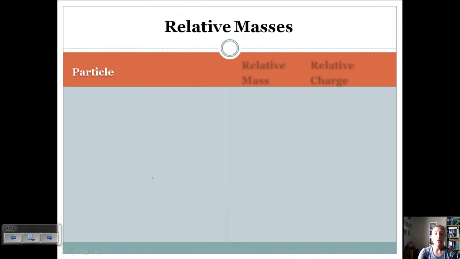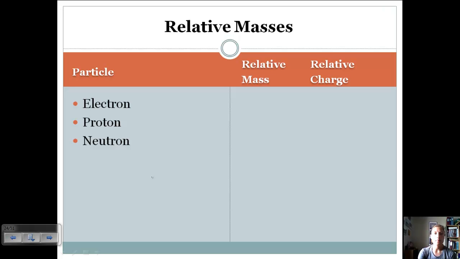Okay, so let's talk a little bit more about those components of the atom. We've got three particles in the atom: the electron, the proton, and the neutron. We know that the electron has a relative mass. Relative mass means we're comparing it to other objects. It's not necessarily its actual mass. So if we give the electron a relative mass of 1, we know it's got a charge of -1.